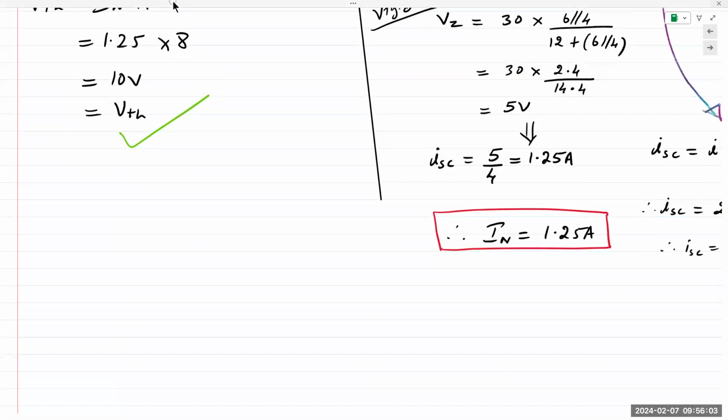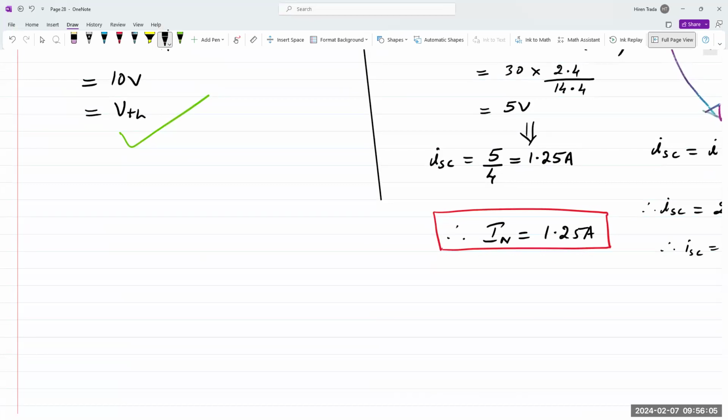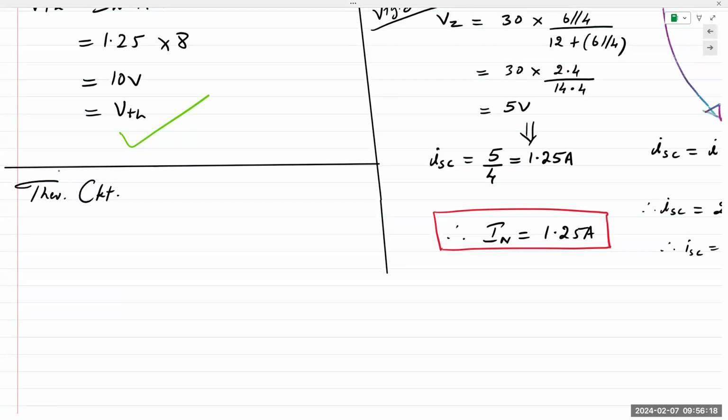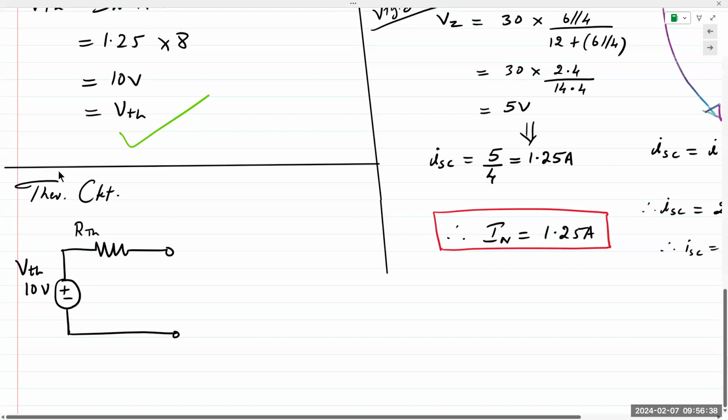So our final Thevenin circuit should look like this. Thevenin circuit should have a voltage source in series with a resistor. This voltage source is 10 volts. Remember, that is the Thevenin voltage we found. The Thevenin resistance was 8 ohms.